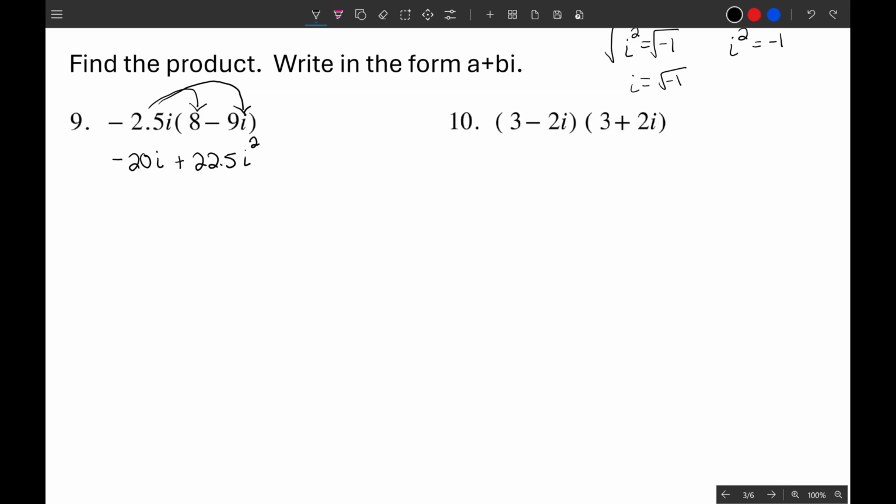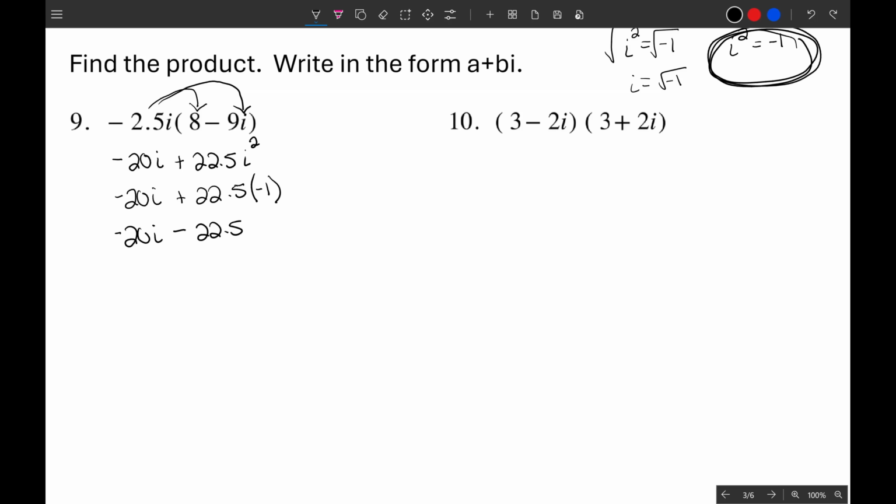Now I already know that whenever I see an i squared, I'm replacing it with negative 1. So I'm going to write what I have, but I'm taking this i squared out, and I'm going to replace it with negative 1. Now I have 22.5 times negative 1. So I have negative 20i minus 22.5.